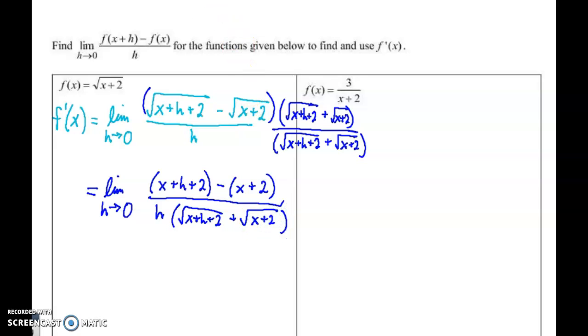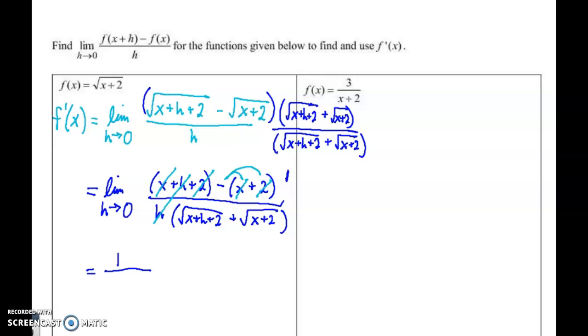And what you'll notice is x minus x will cancel. 2 minus 2 will cancel. So you're just left with an h on top that you could cancel out with this h. Now, please don't forget that you still technically have a 1 on top. So our answer is going to be 1 over.